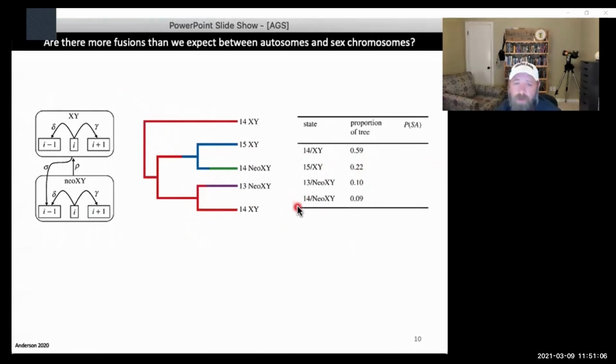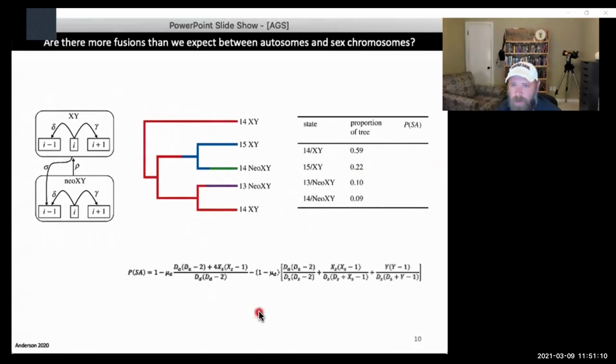We can use this data in conjunction with our equation that we came up with and actually calculate the probability of sex chromosome autosome fusions for each one of these karyotypes, and then weight those probabilities or proportions by the proportion of the tree that's in that state. This then gives us this weighted sum, and what this captures is, across this whole phylogeny that we're looking at, what proportion of all the fusions that happen should have been between a sex chromosome and an autosome.